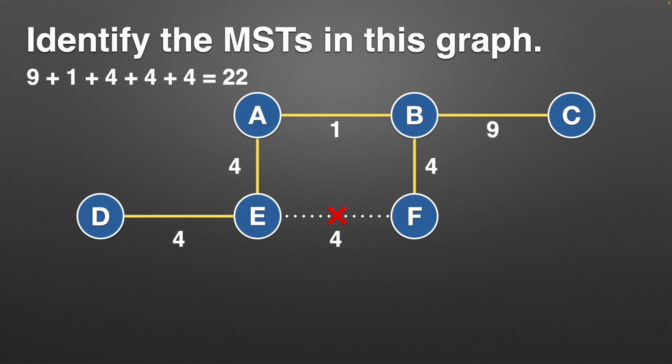And since 1 is low cost, we want to keep it. So we could remove between E and F, and we still have a minimum spanning tree. We could also remove between A and E, and we would have a minimum spanning tree. And of course, we could remove between B and F and still have a minimum spanning tree. And all of these are the same weight, and it's the minimum possible.